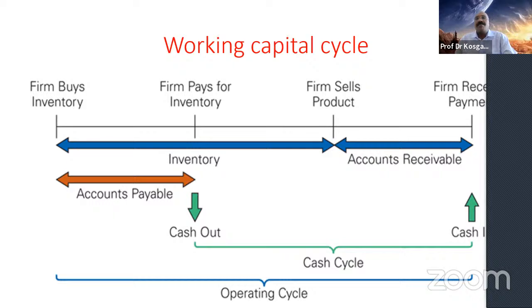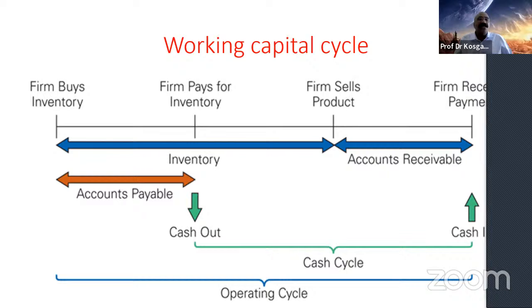Then the firm receives payment from the customers. Now within this blue line, you have to pay the person from whom you purchased. You are getting money at the fourth stage, and you have to pay money at the second stage.